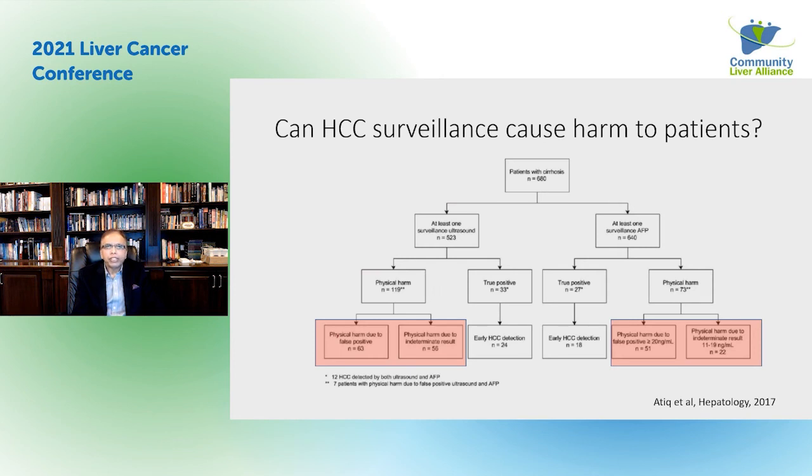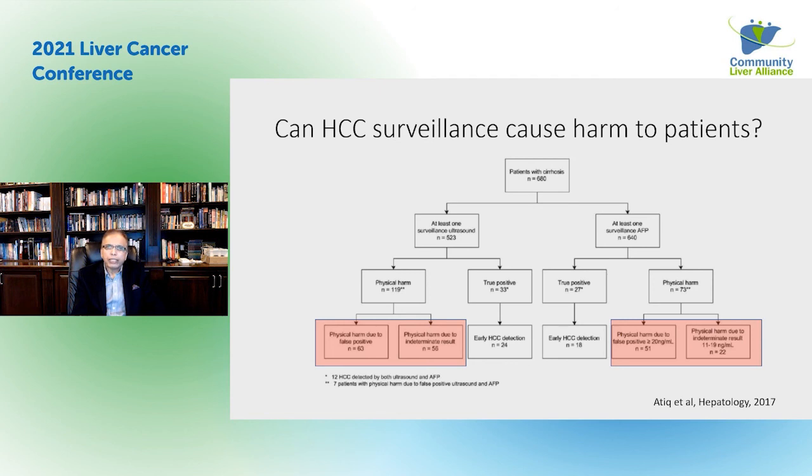We have to be conscious about harms with surveillance strategies, because if we see a nodule, we think it's HCC, then it creates a chain of events, may lead to biopsy. Biopsy can cause complications, may even cause death. So the question is, can HCC surveillance cause harm to patients?